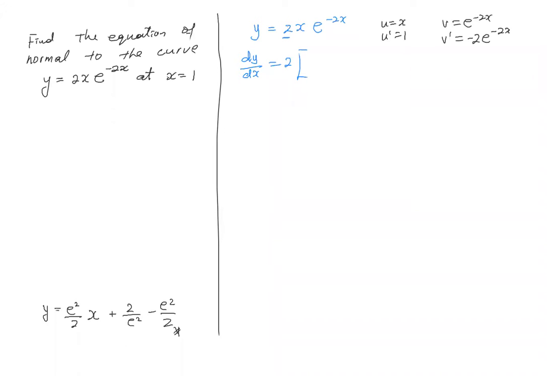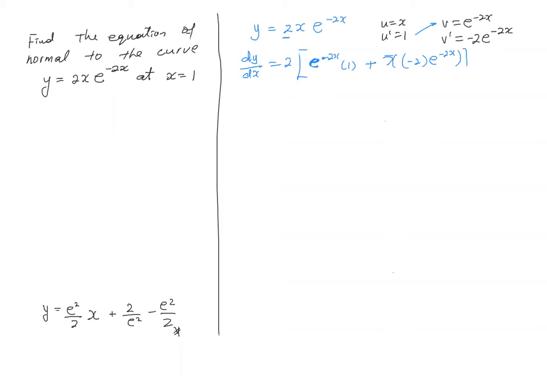Anyone got any issue on that? So you follow the formula. Then I have e to the power negative 2x times 1 plus x times negative 2e to the power negative 2x.